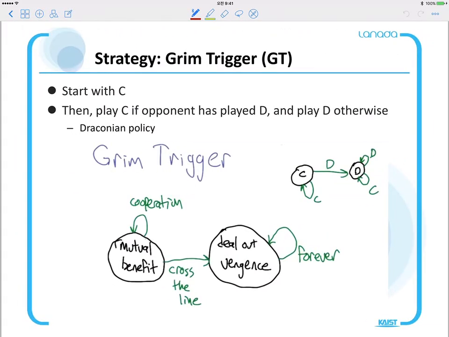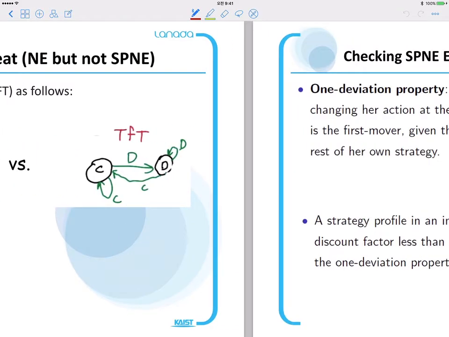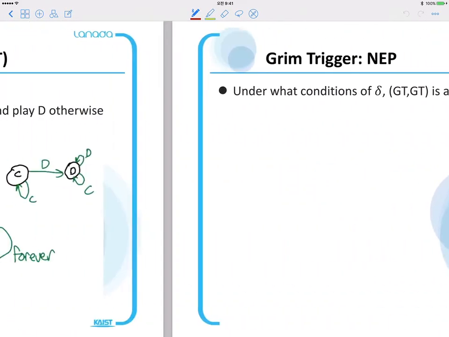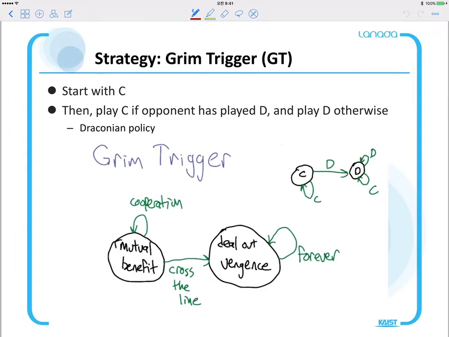Okay. Alright, let's look at another strategy, which is called the Grim trigger. The Grim trigger is a more draconian policy than T4T. Draconian means that it's more brutal. So what is the strategy? Well, they start with C. That's the same as for the T4T strategy.